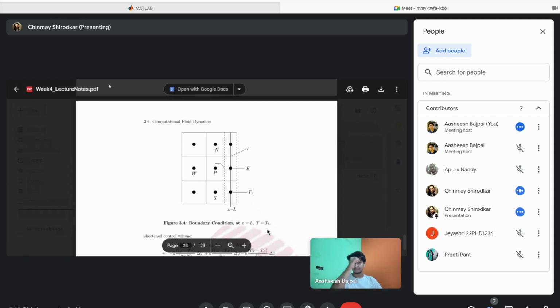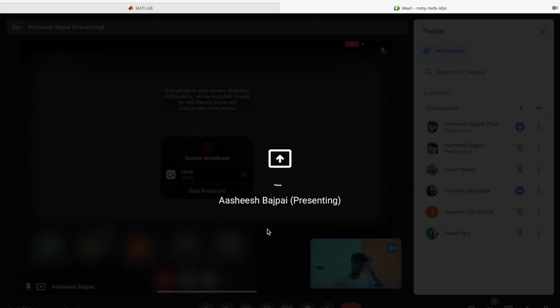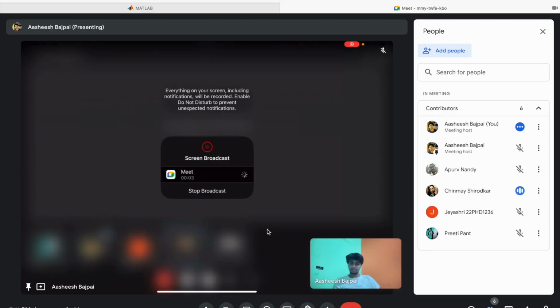So there is a method of ghost cells; you can search for it for a boundary. There are no real cells there, but we balance it. There are other kinds of methods also. I will let you know by email regarding this.